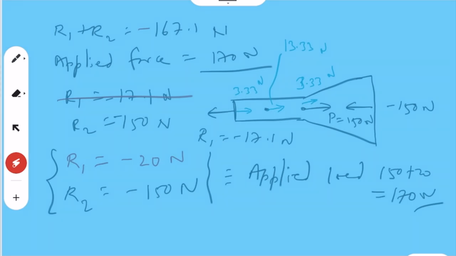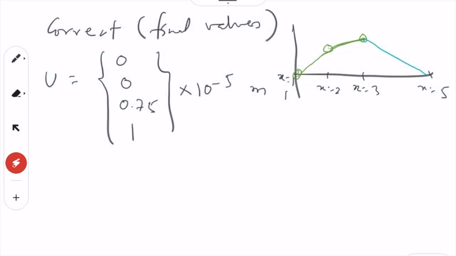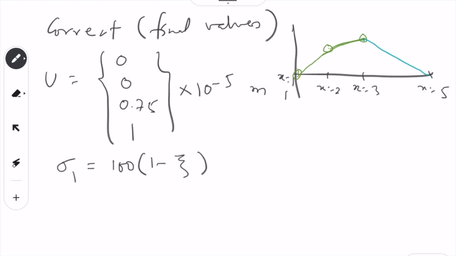So sigma 1 equal to 100 times (1 minus xi), for xi varying between plus 1 and minus 1.